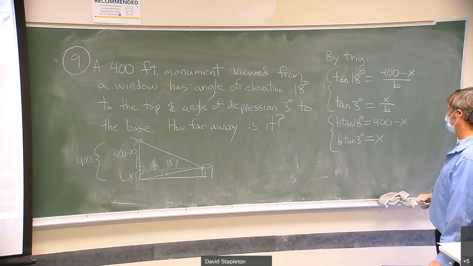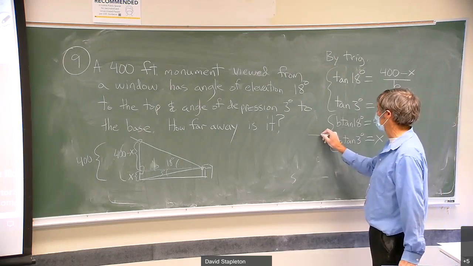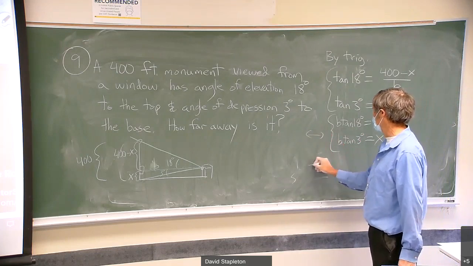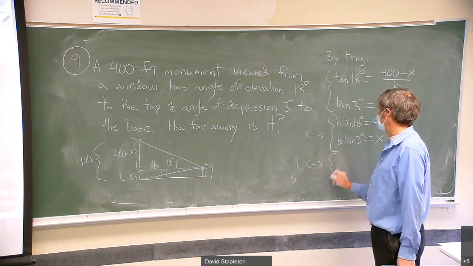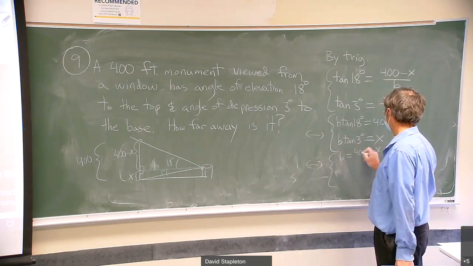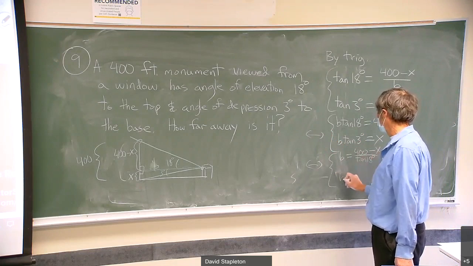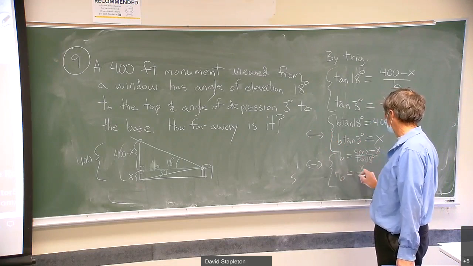And now there's a bunch of algebra ways to proceed. Let's just solve for b in each of them. In the first one, b is equal to 400 minus x over tangent 18. And in the second one, b is equal to x over tangent 3.